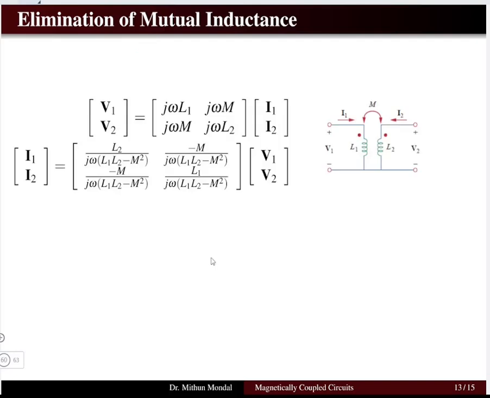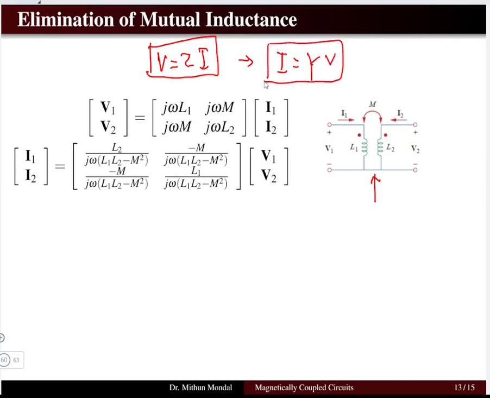In order to eliminate the mutual inductance, first we will take the mutually coupled inductors and write the equation V equal to Zi. Also, we write the same equation in terms of current, that is I equal to Y into V, where Z is the impedance and Y is the admittance.